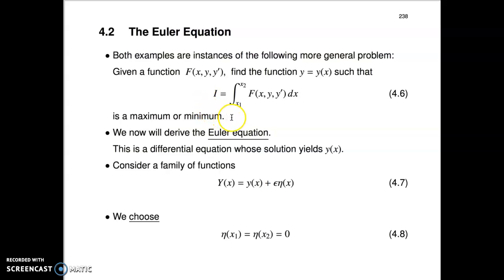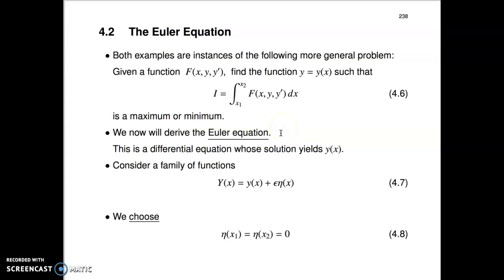And let's say what you want to do is to find the function y of x that will minimize or maximize this definite integral, okay? So that's the statement of the problem.